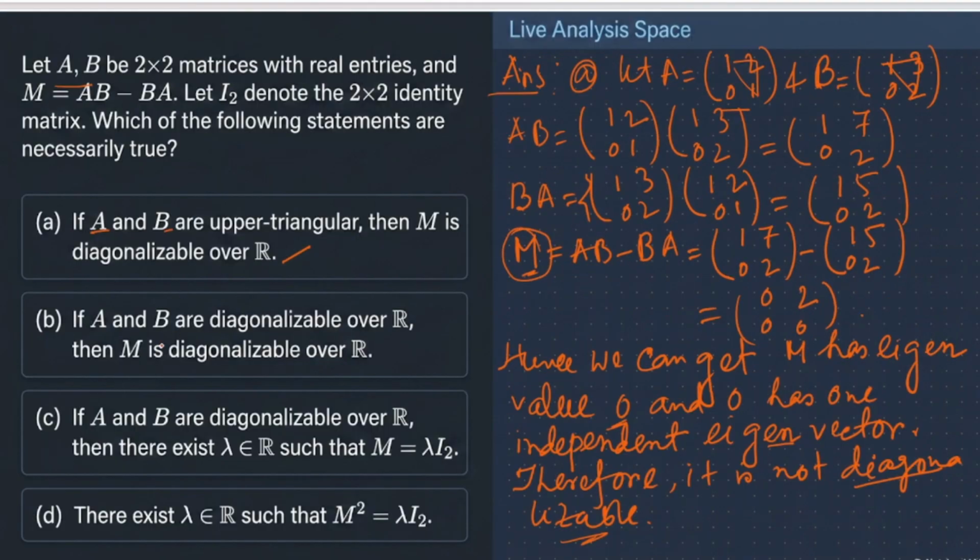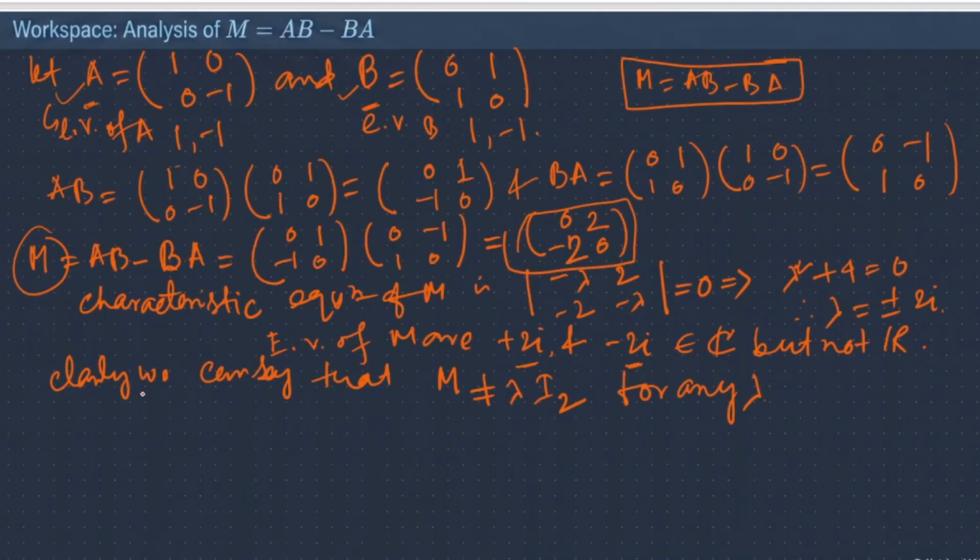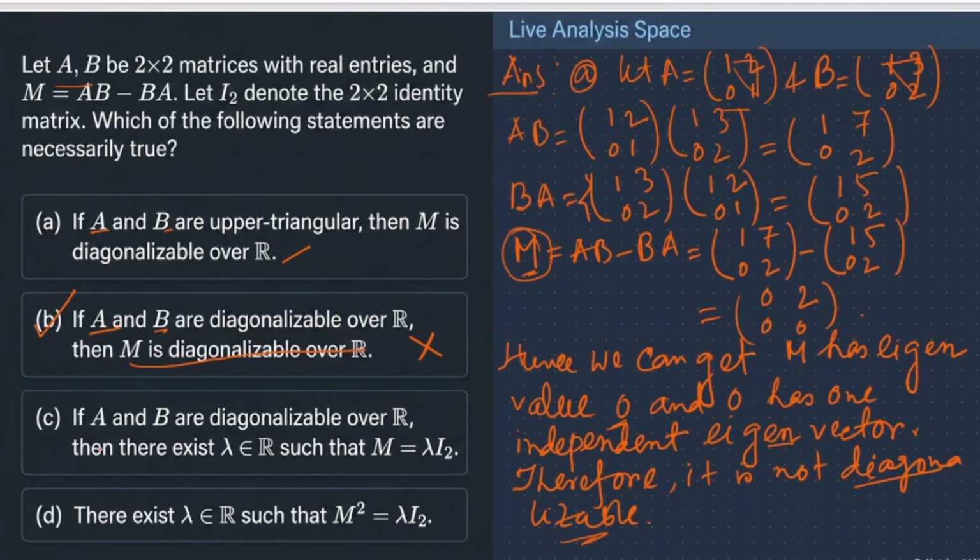Therefore, when A and B are diagonalizable over R, the claim that M is diagonalizable over R is false, because the eigenvalues of M are plus 2i and minus 2i, which belong to C. But the question is whether M is diagonalizable over R.